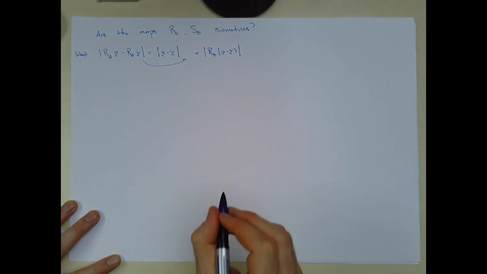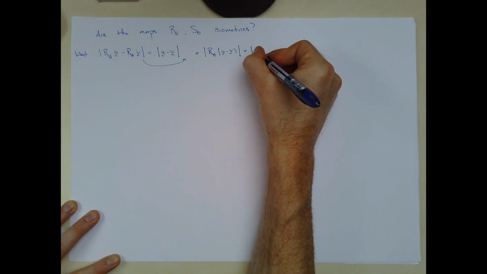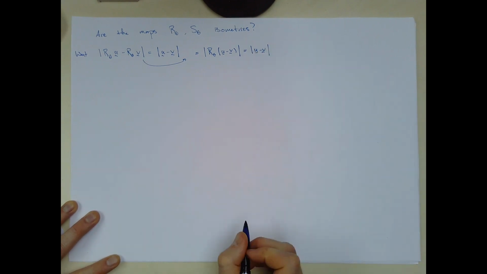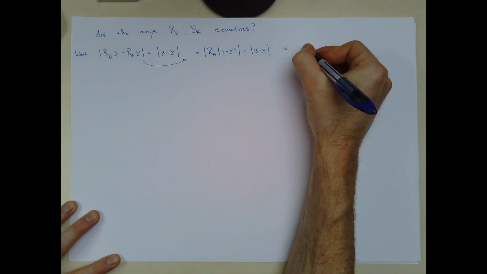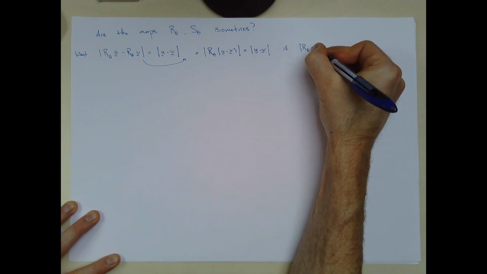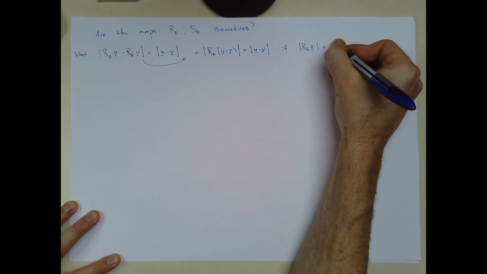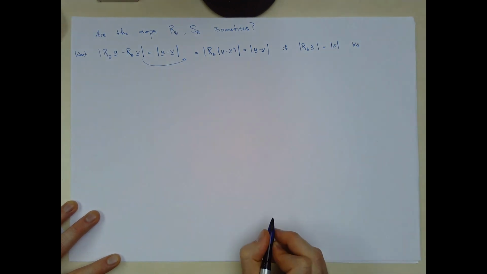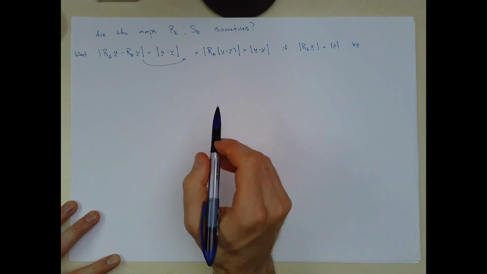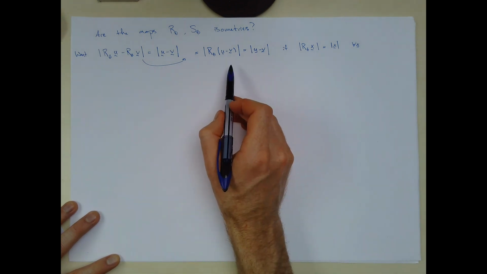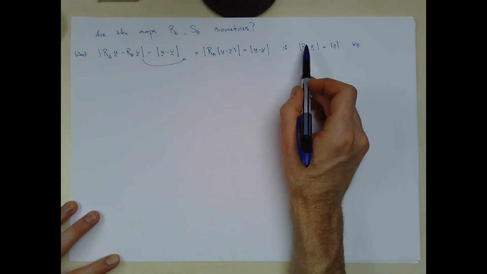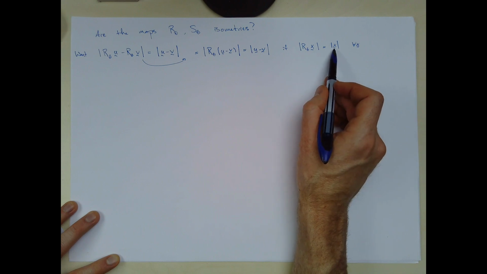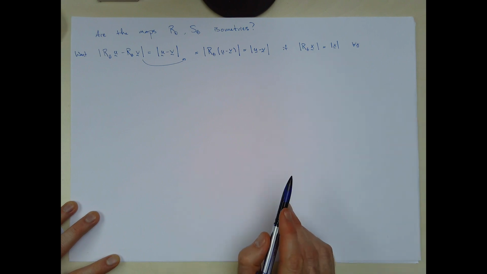And so that is equal to magnitude of u minus v for all u and v if magnitude of R_theta x is magnitude of x for all x. All right, so I don't really need to worry about two vectors. If I can show that this distance holds for any vector x, then I get an isometry.